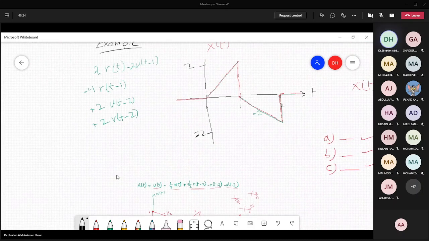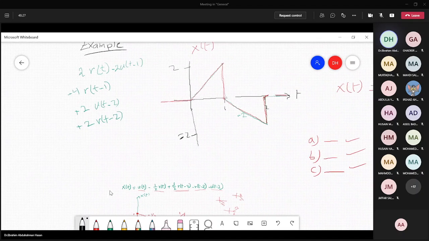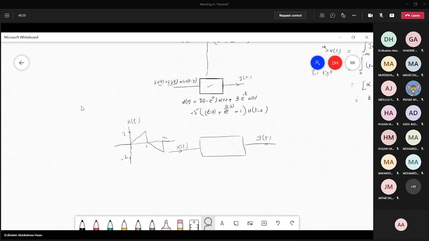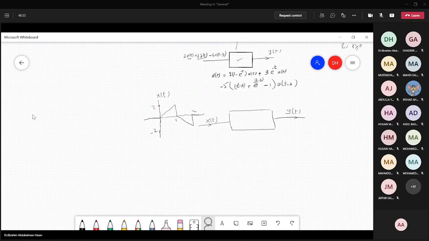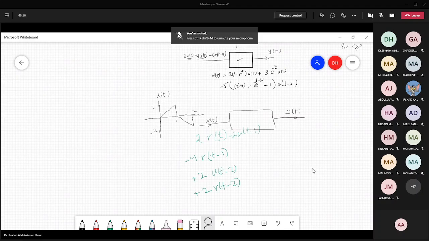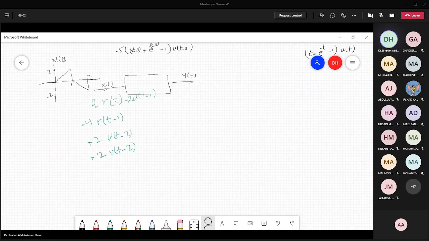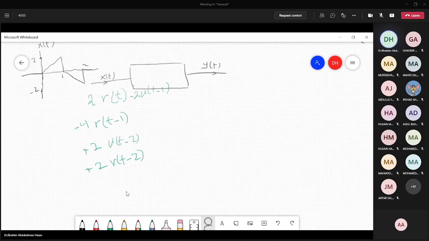It is equal to 2 ramp. So the first step, we decompose this into singularity functions.